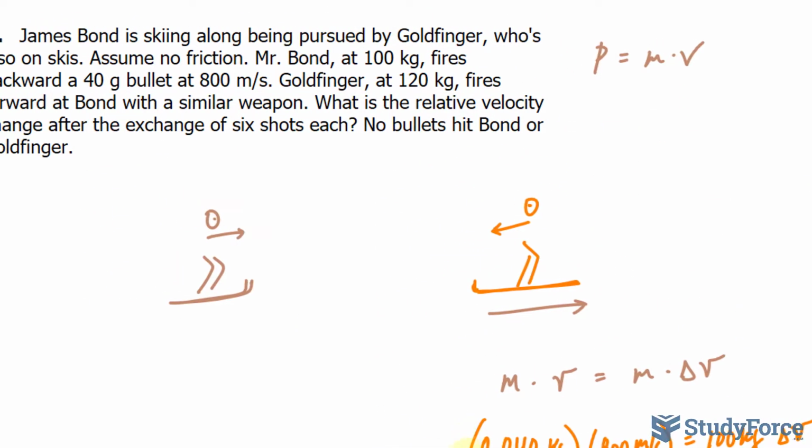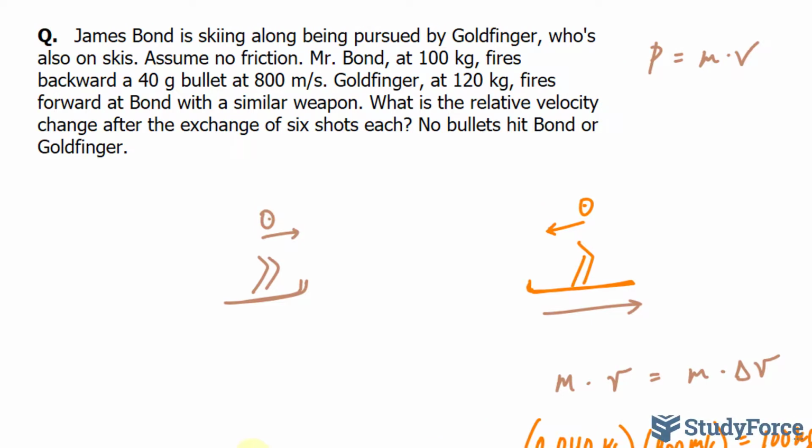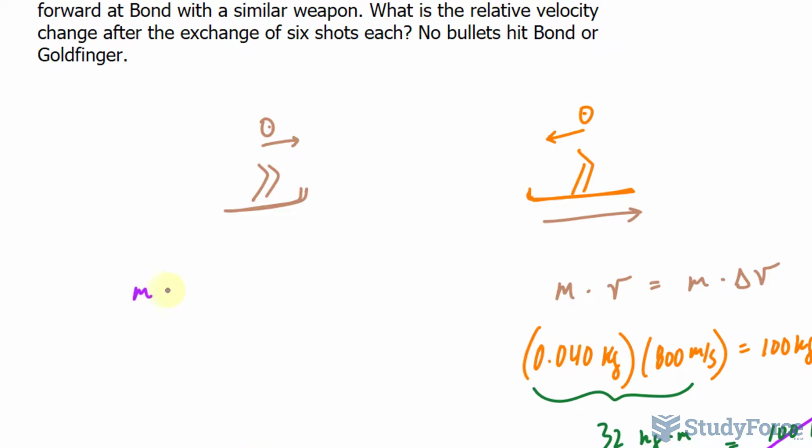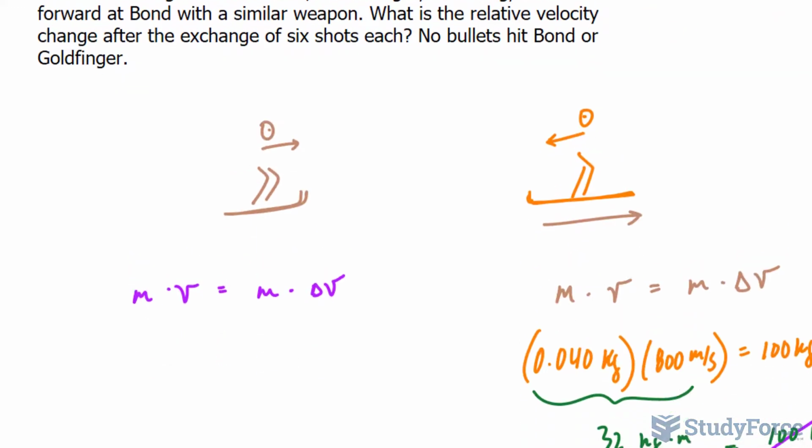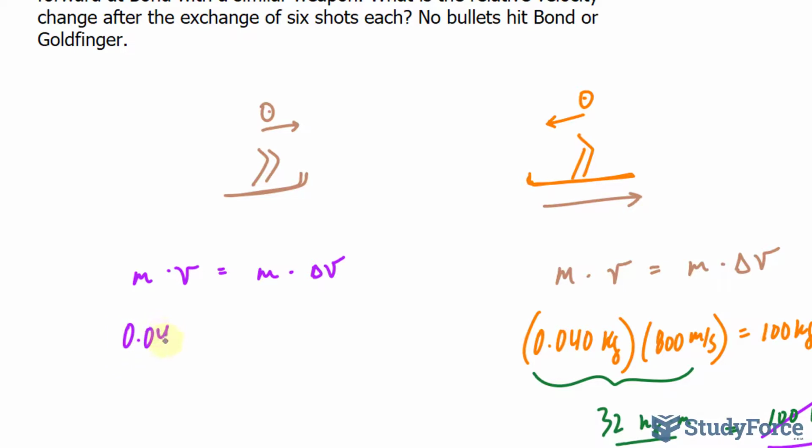We have to do the same thing for Goldfinger. Then once we find his delta v, we can combine them. So again, m times v is equal to m times delta v. The mass of his bullet is the same thing, 0.040. And I'll ignore the units because I know what the units should be at the very end.